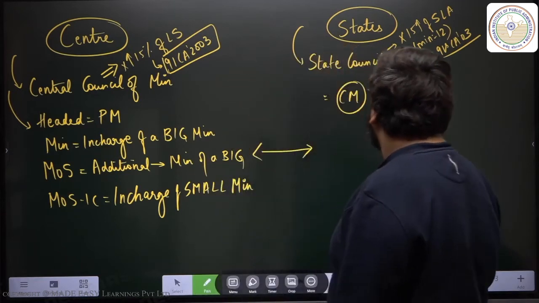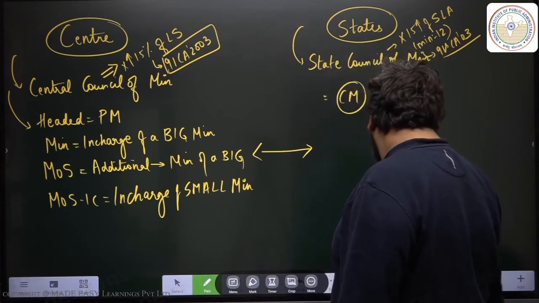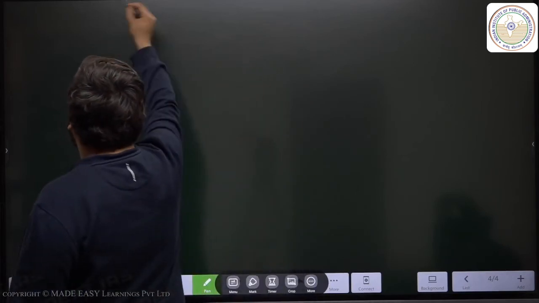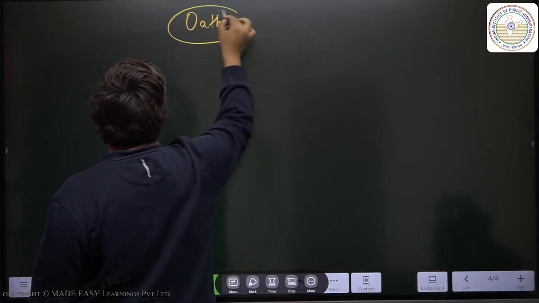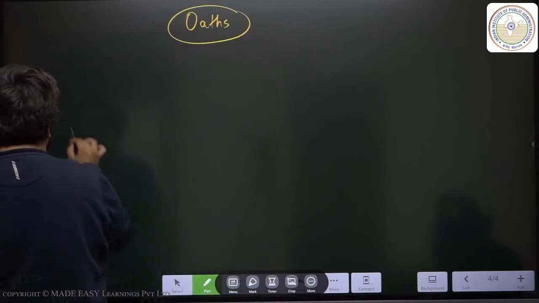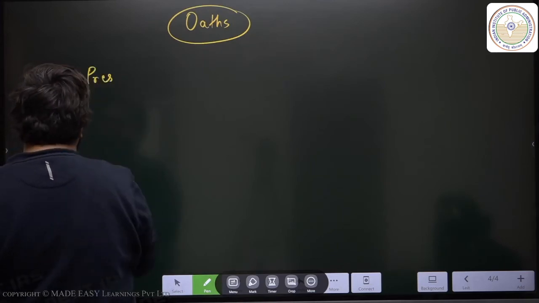Now, this is the general setup that happens. Comes the next question, which is extremely important. As far as the oaths are concerned, right? The oaths for the center and the states. The oaths for central ministers are given by the president.